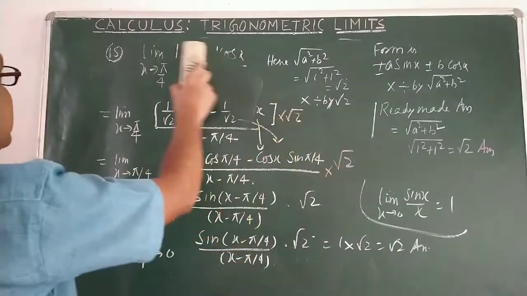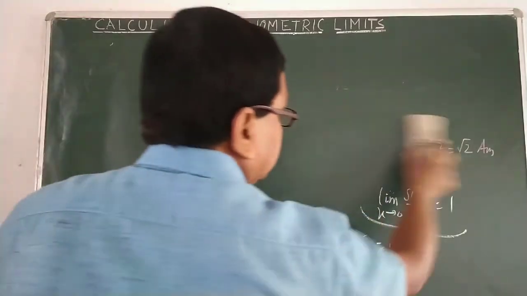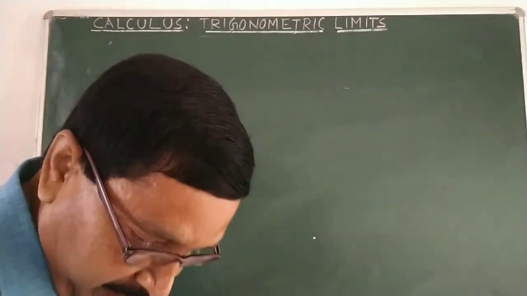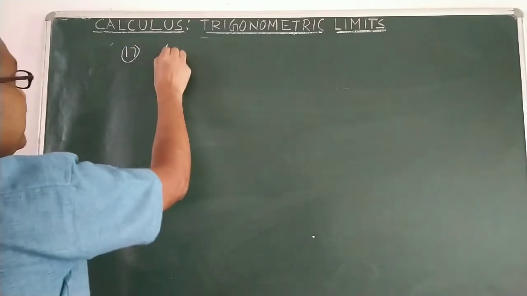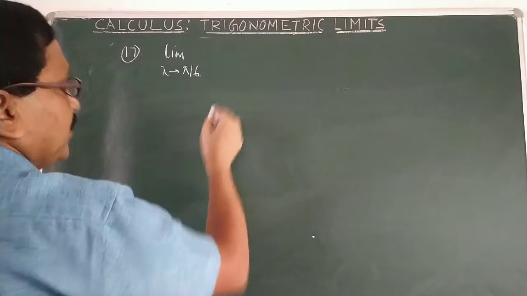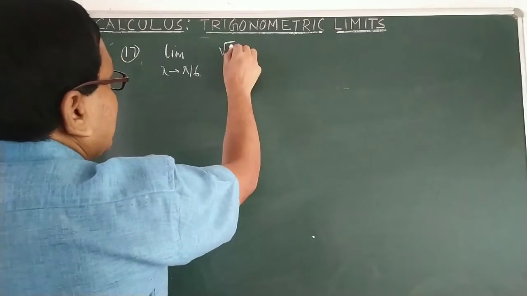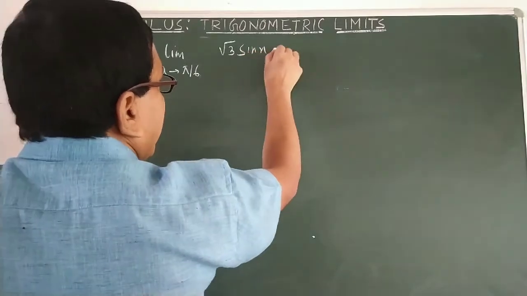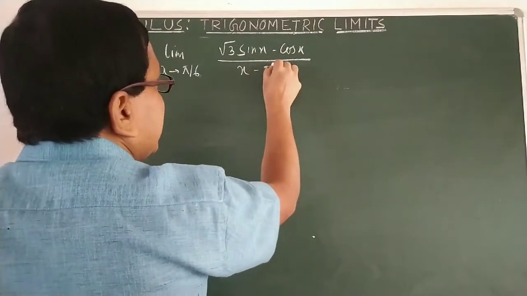Now moving towards another problem. Problem number 17, limit x tends to pi by 6, (root 3 sin x minus cos x) by (x minus pi by 6).